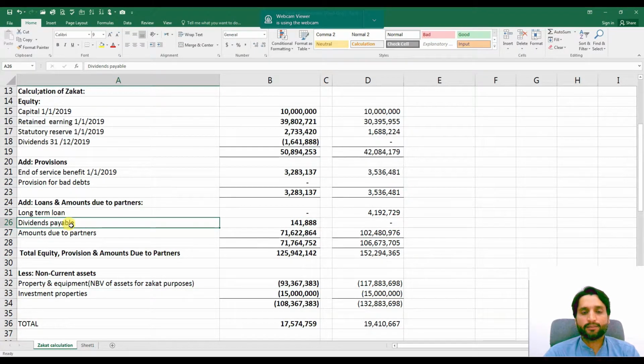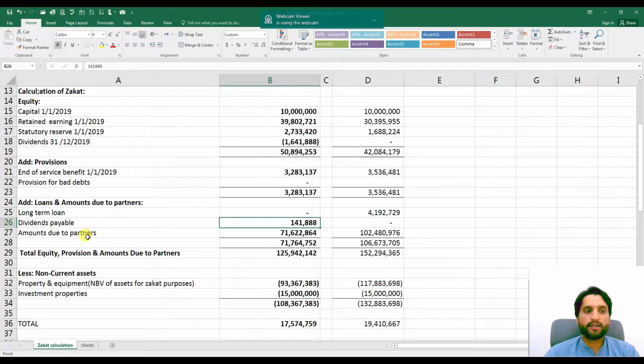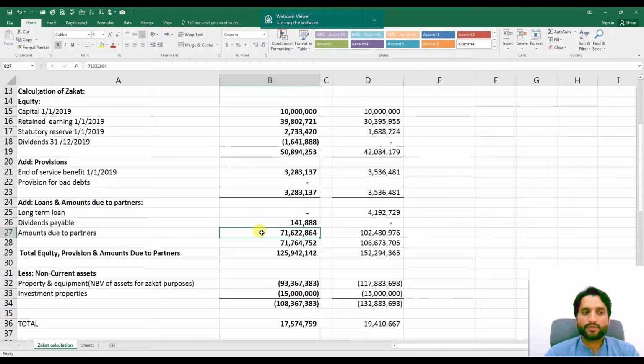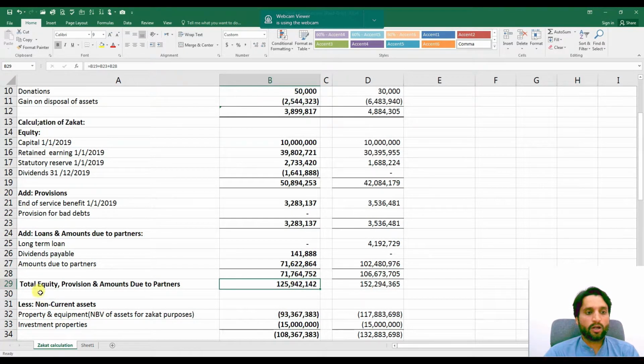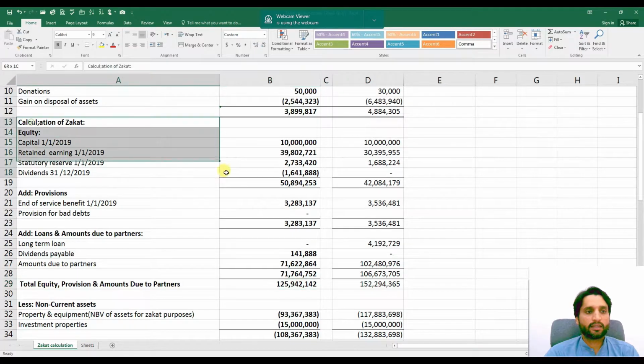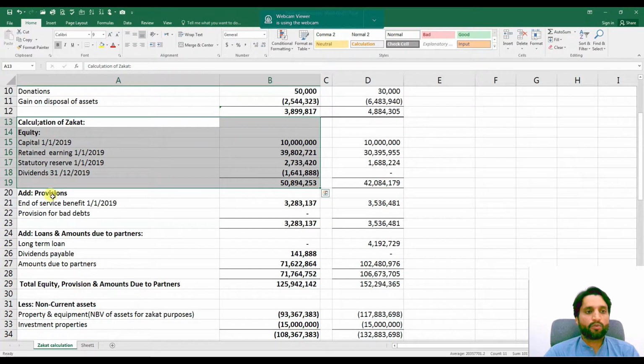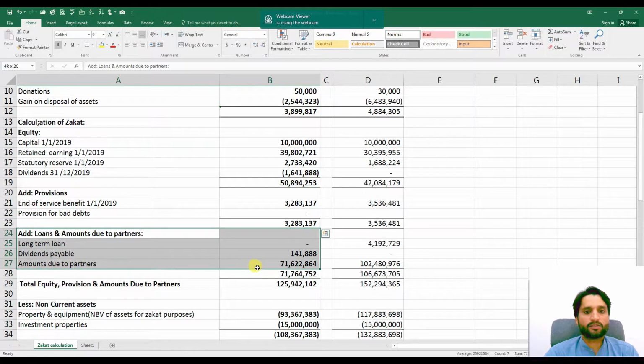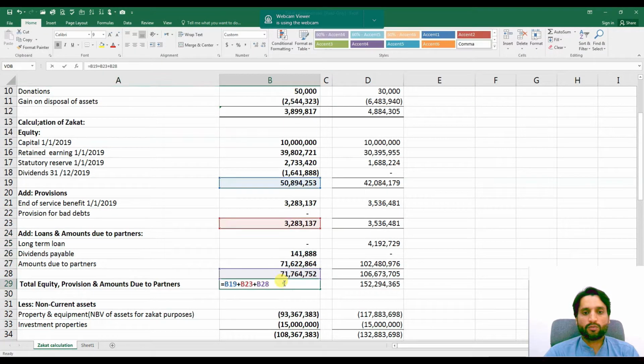Dividends payable, value should be here. Amounts due to related parties like the partners should be here. So the total of these figures will be here. This is the total of equity, this portion is provision, and this portion is amount due to related parties. So here we have the total for the three areas.